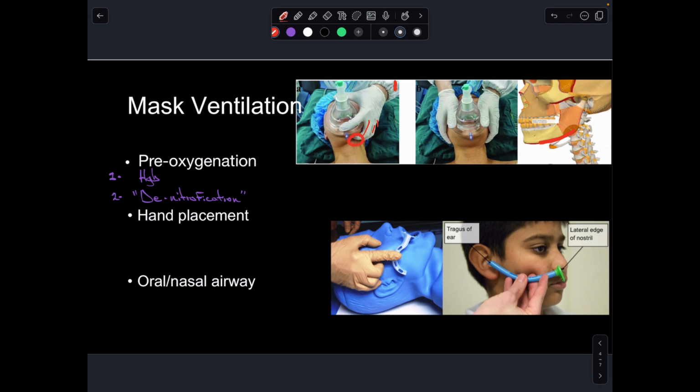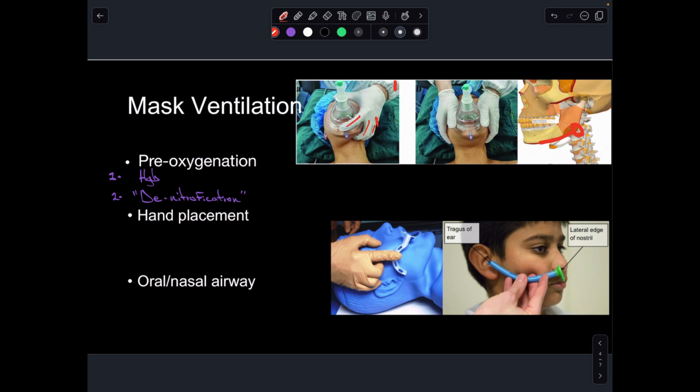That can cause edema around the airway, and you can also directly occlude your airway just by pressing directly on it. Another tip that I've been instructed on is to try to get this pinky right here directly on the angle of the jaw.